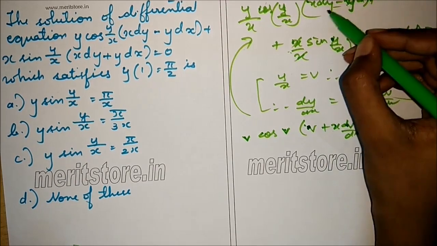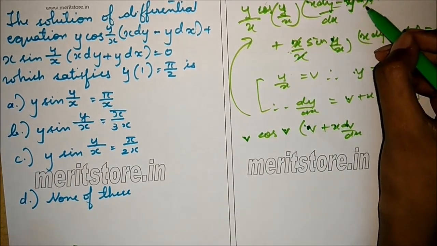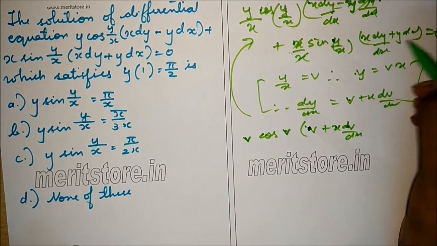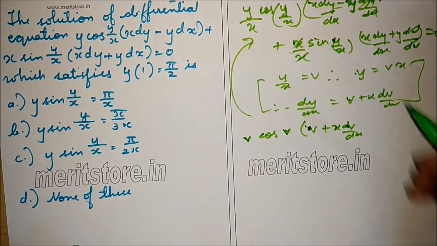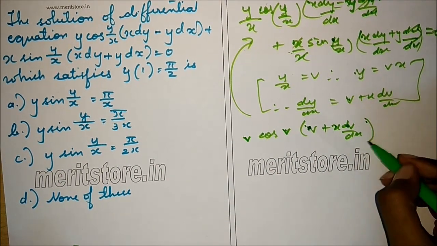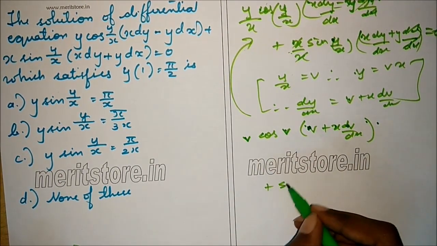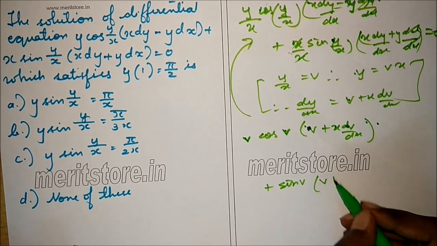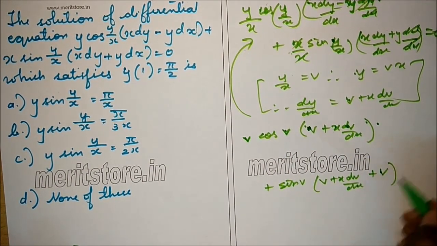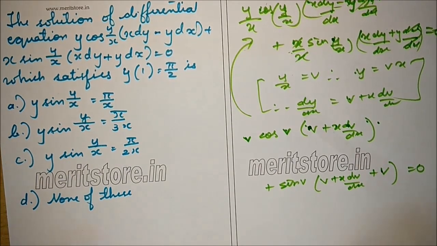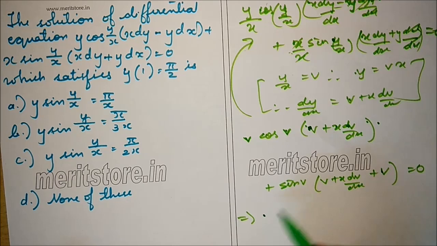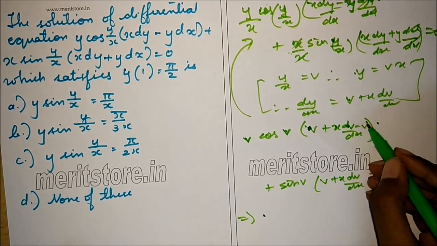Again we divided throughout by dx, same here. So v plus x dv by dx plus sin v into (v plus x dv by dx plus v) is equal to 0. So this was minus v.